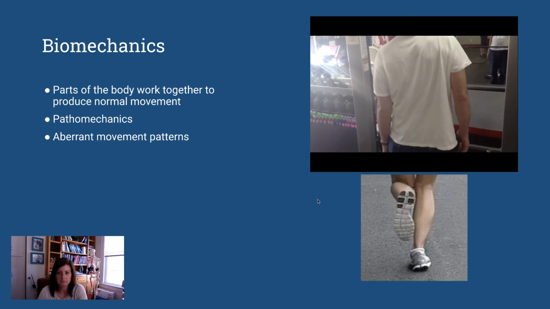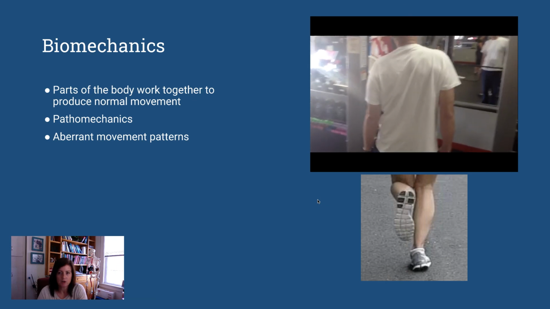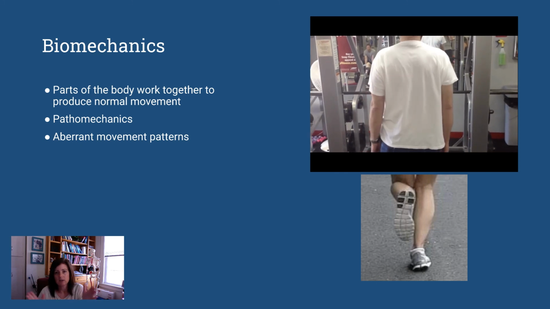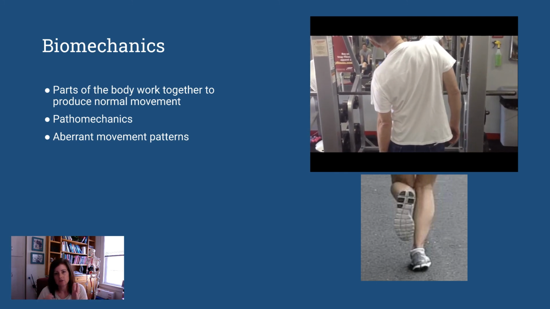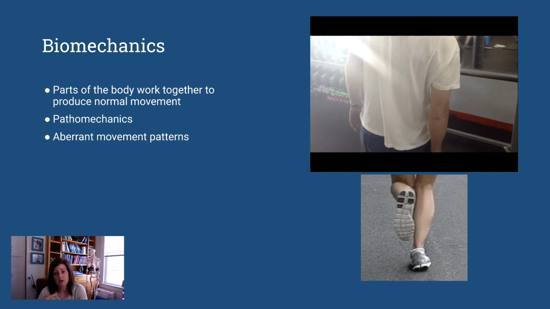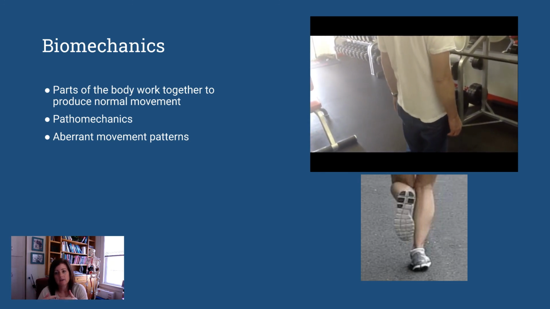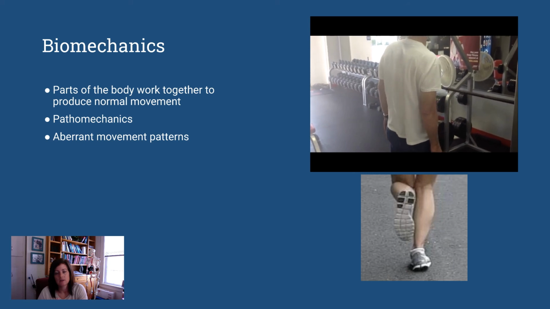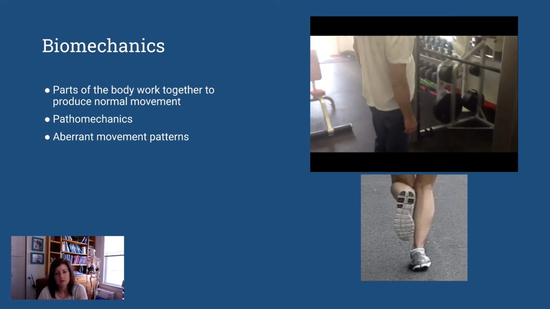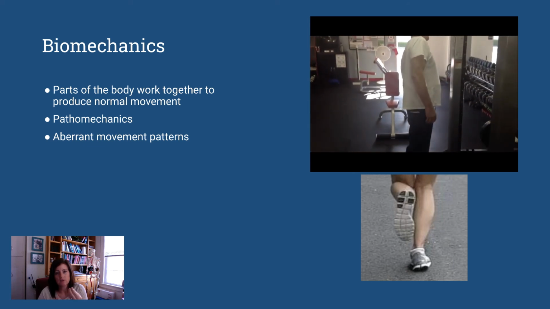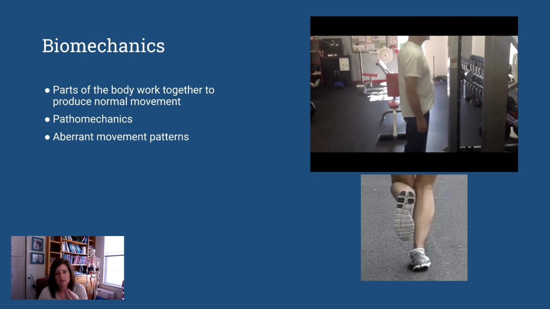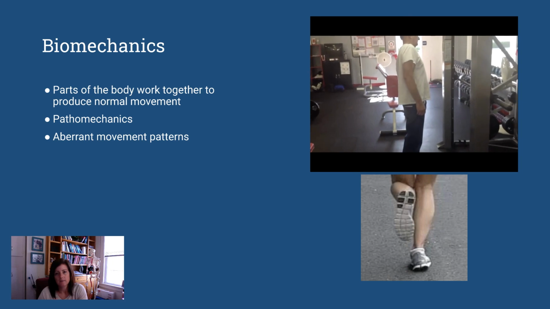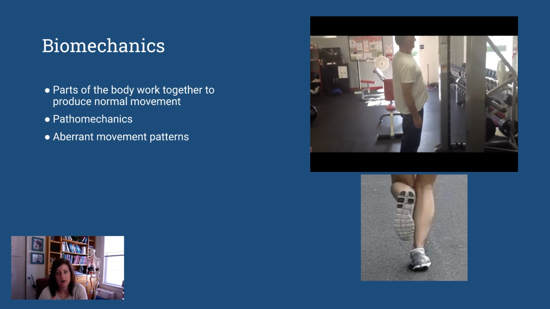If you watch him, he's doing some trunk side bending, and what we're really looking at is the direction of movement to the right. And also look at when he does it repetitively, which is kind of interesting. So there are times when even just the slightest aberrant movement patterns can over time create pathological biomechanics within the body.